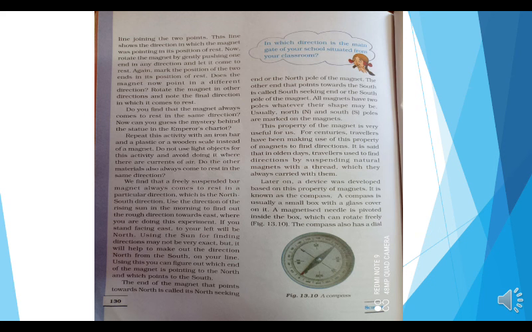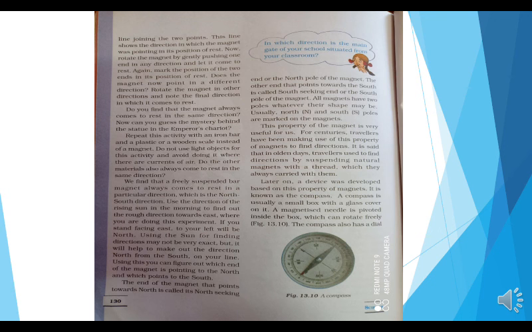The magnets can help you find the direction from north to south. Now, using this you can figure out which end of the magnet points to the north and which end points to the south.